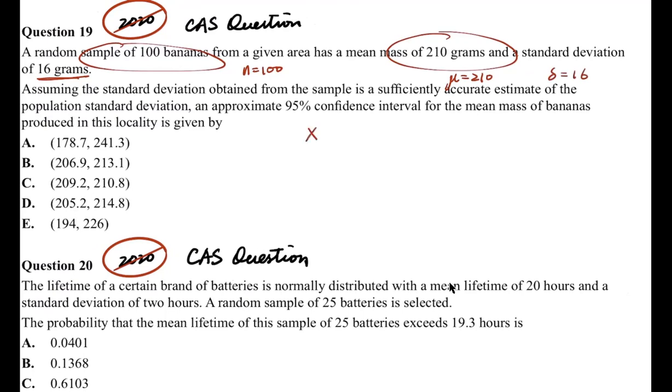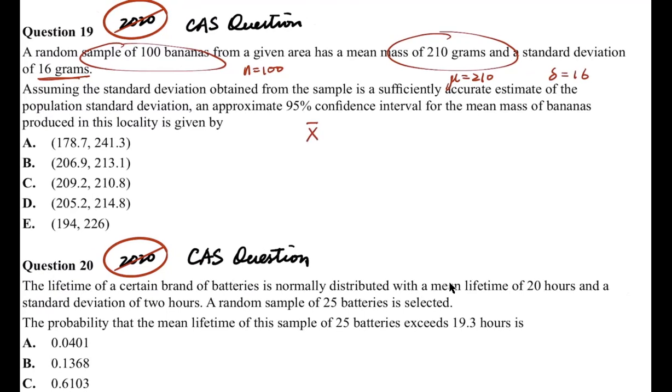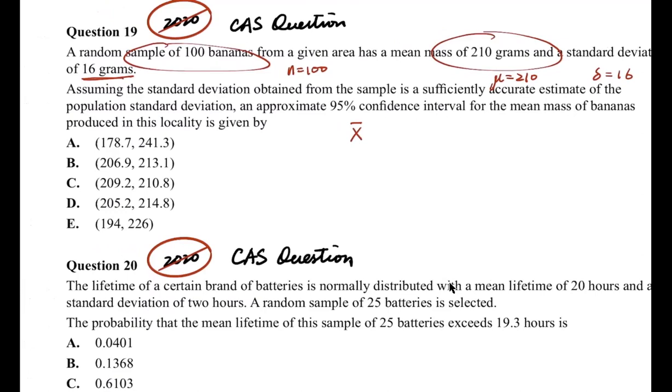For the sample mean, we are looking for a 95% confidence interval, which should be mu minus z score times sigma divided by root n, smaller than mu plus z score times sigma divided by root n. That is my confidence interval formulation here.